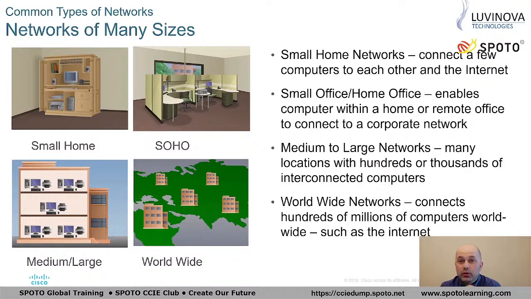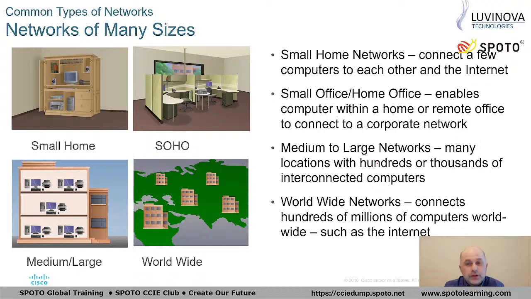Then we are moving forward, having medium or large companies, which are a small building or medium-sized building or really big building, a skyscraper. And then we have worldwide, the entire world of all communication channels and all computers, right? So a small office connects a few computers. It enables a computer within a home or remote office to connect to the corporate network.